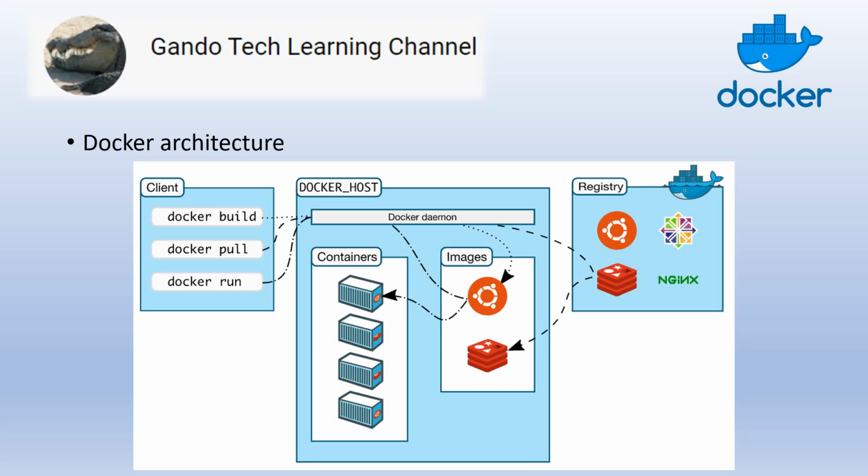And we have another piece of the puzzle, which is the registry, which stores any Docker images which we have. It keeps the images for us, and whenever we require, we can spin them up as a container.